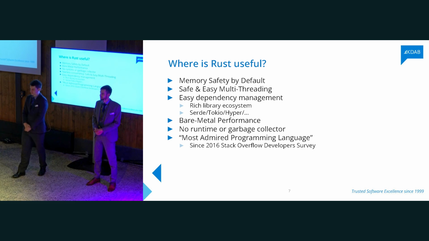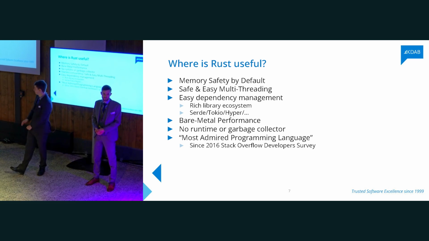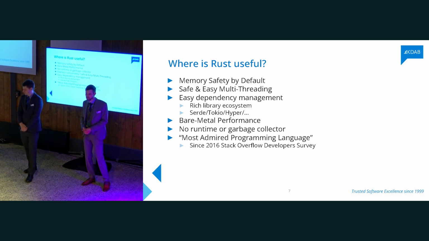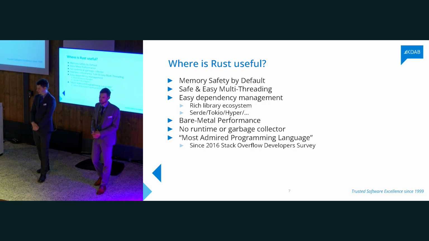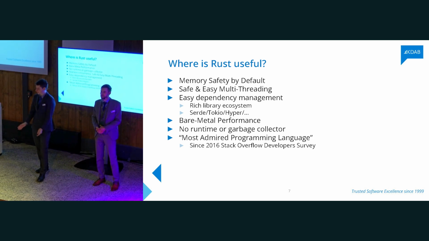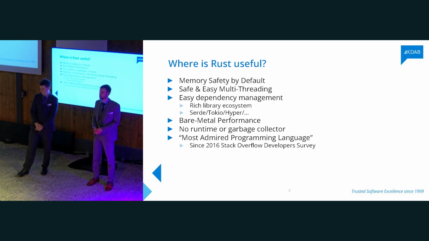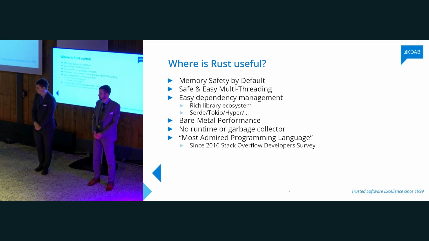Let's consider first, where is Rust useful and what are its advantages? Rust is a memory-safe language by default. It has bare metal performance like C and C++. There's no runtime or garbage collector. It allows for fearless concurrency through safe and easy multi-threading, which is particularly challenging in C and C++.